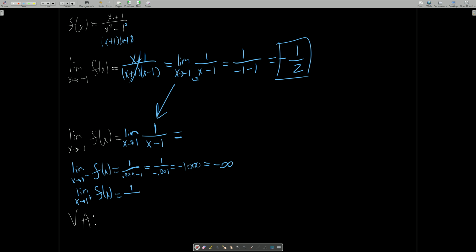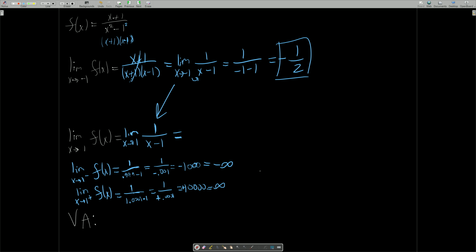Same thing here. We're approaching 1 from the right, like 1.0001 minus 1. Now you have a positive number in the denominator, which means this limit is approaching positive infinity.